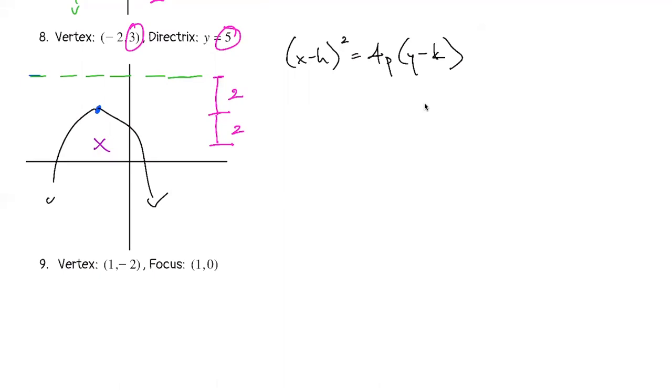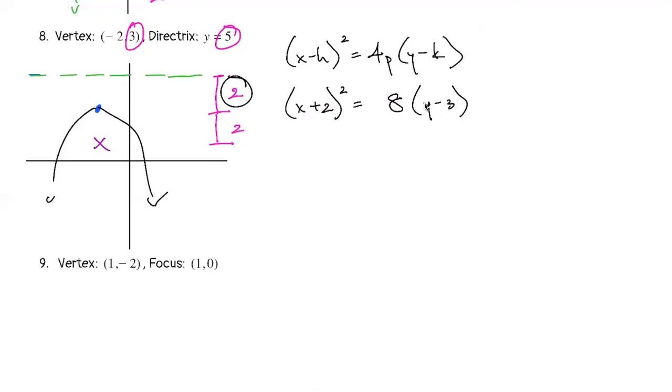So let's fill in our center. x plus 2 squared equals, let's see, y minus 3. Okay, so p is just that distance. So 4 times 2 is 8.